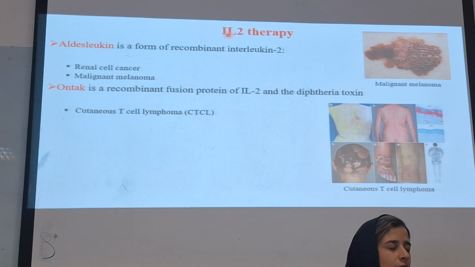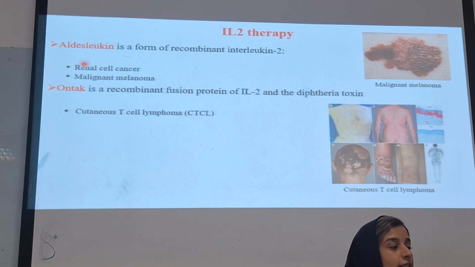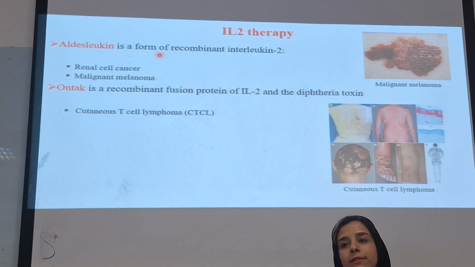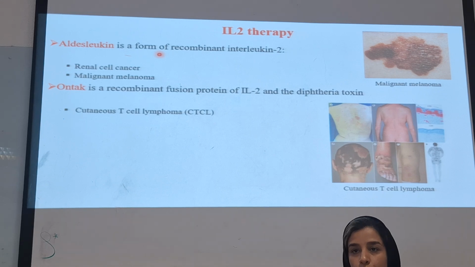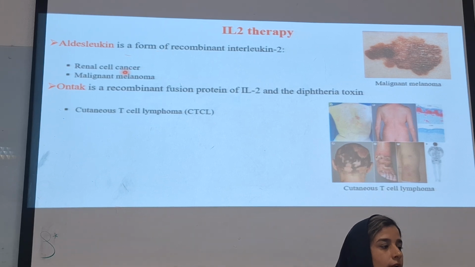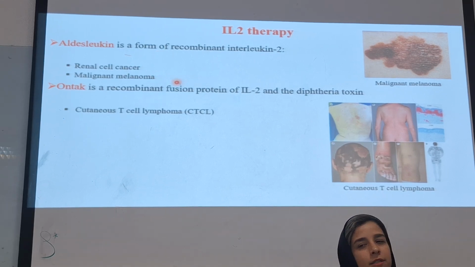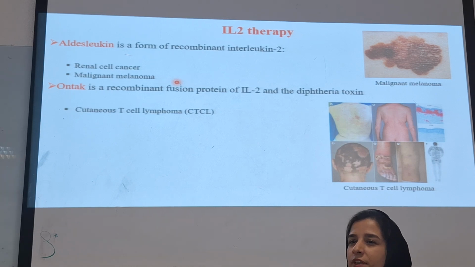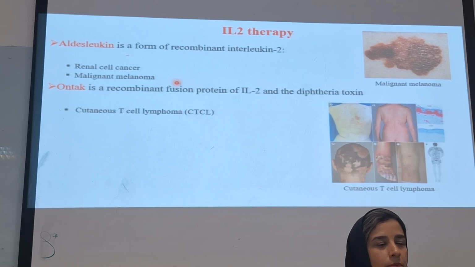The first drug is aldesleukin. Aldesleukin is a recombinant interleukin-2 and is used for renal cell carcinoma and malignant melanoma. Why do we use interleukin-2 for treatment of this type of cancer?